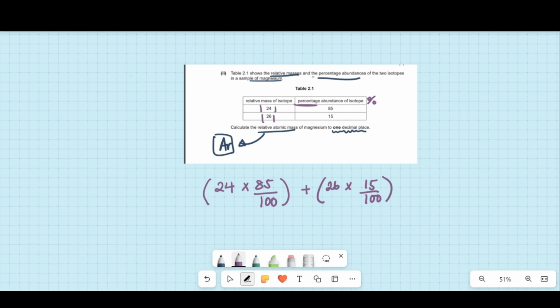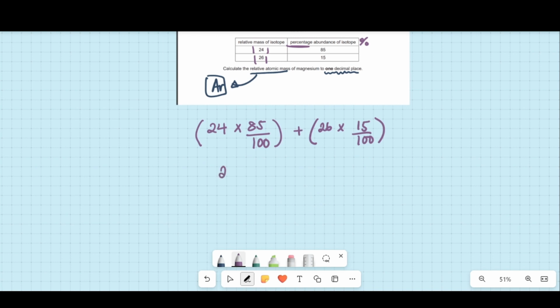Now, if I punch it into my calculator, try to do the math with your calculator as well. So let's see who gets it first. This is no competition, sorry. 24 times 85% gives me 20.4, plus 26 times 15 percent, 3.9.